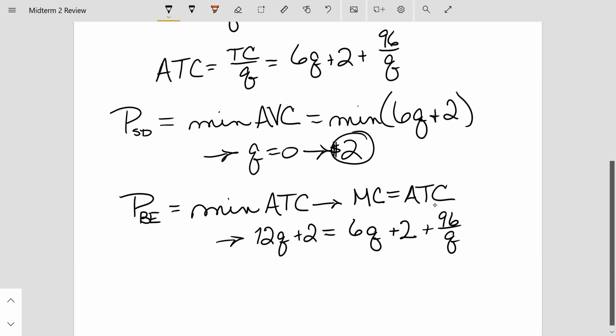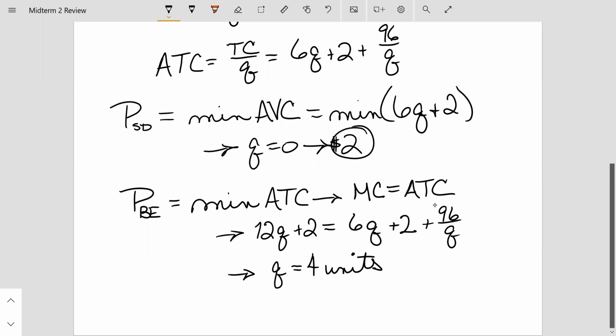To solve this, you do some algebra, and you would get that q is equal to 4 units. And then plug the 4 into the average total cost to get $50. And so that's our break-even price.